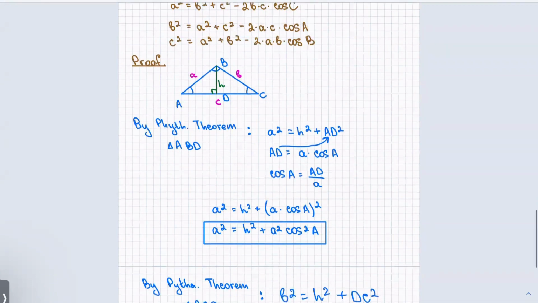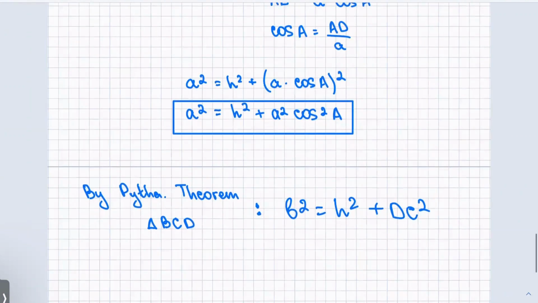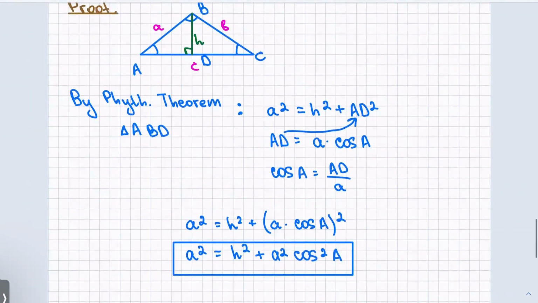But what we can do, dear students, let's see. What is this total edge? This total edge is C. And what is this piece? This piece is A cosine A. So how do we find this remaining piece, DC? DC is actually C minus AD.